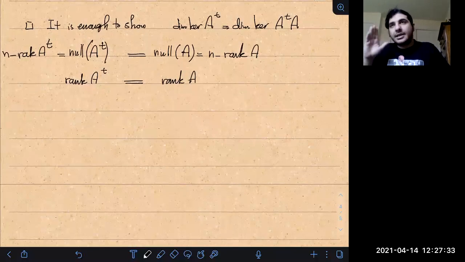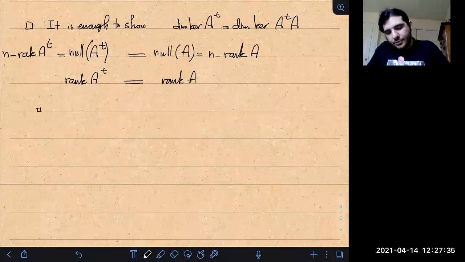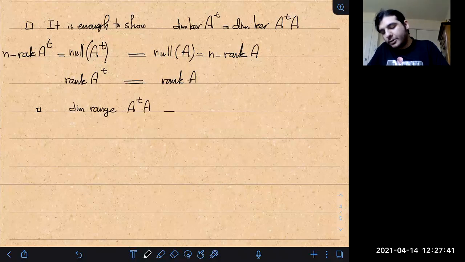So having that in mind, I want to prove that the dimension of the range of A transpose A is equal to the dimension of the range of A transpose.